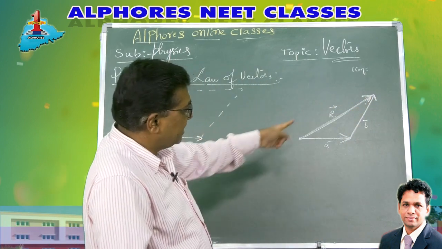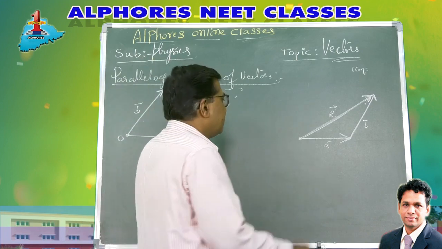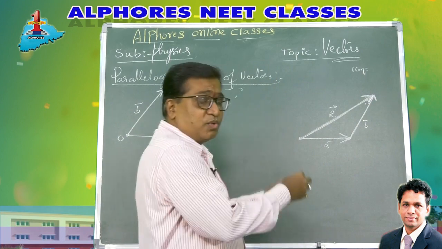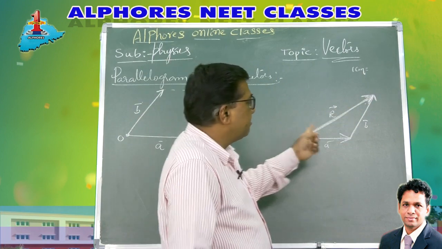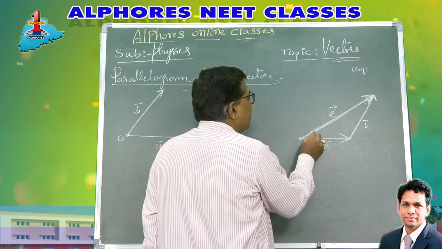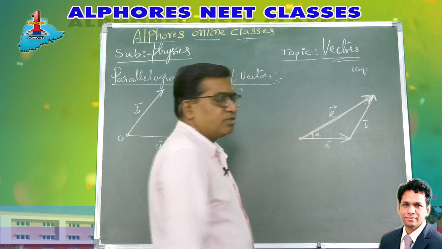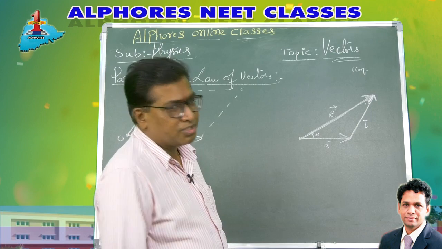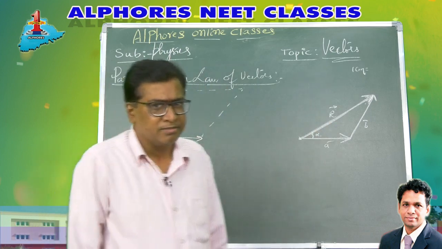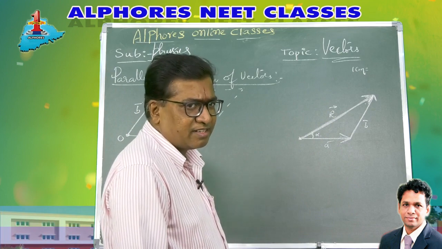This third side of the triangle represents the resultant vector. The length of the vector gives you the magnitude, and the direction, the angle alpha it makes here, will be the direction of the resultant vector. So this is the diagram method, graphical method, pictorial method of finding the resultant vector.